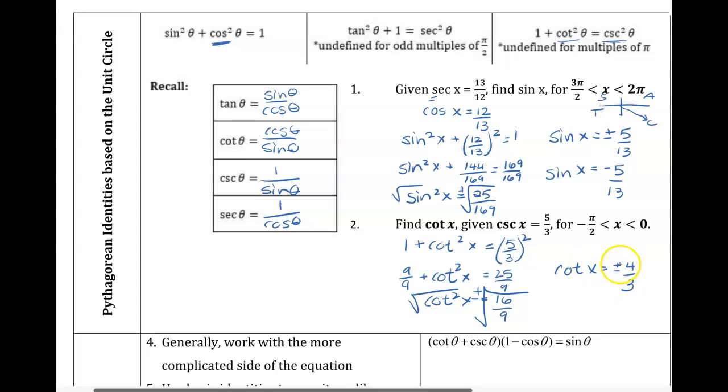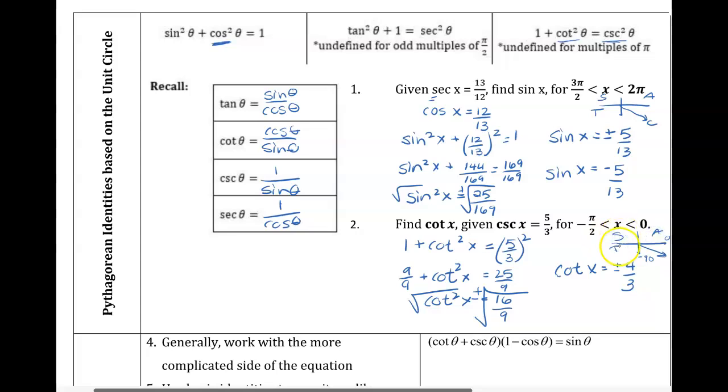Now to decide the plus or minus, remember cotangent has the same sign as its reciprocal function, which is tangent. We are between negative 90 degrees, which remember down here is negative 90 degrees, which is coterminal with 270 degrees, and 0, which is over here, which means we're in quadrant 4.